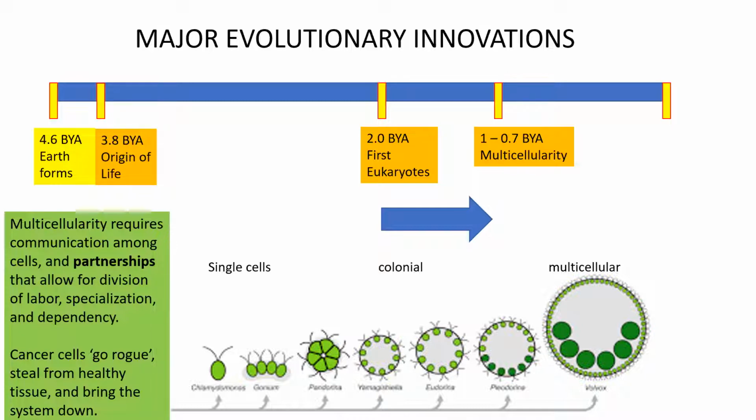These are partnerships that allow for division of labor, cell specialization, increased productivity. What are cancers? Cancers are cells that go rogue. I don't need y'all. I'm going to steal the energy and I'm just going to divide. I'm not going to specialize into whatever tissue I'm supposed to be. And I'm going to starve that organ of what it needs. And I don't care if I take the whole thing down with me.